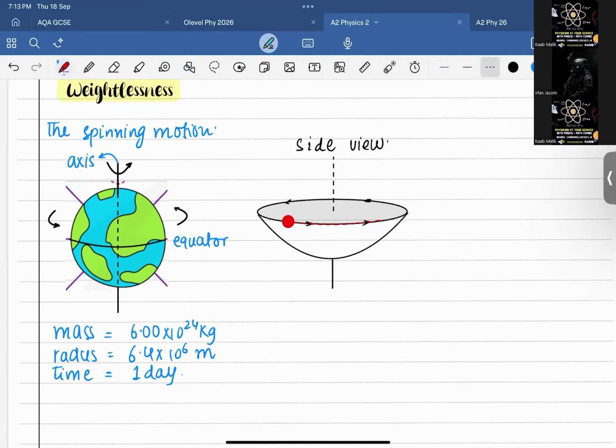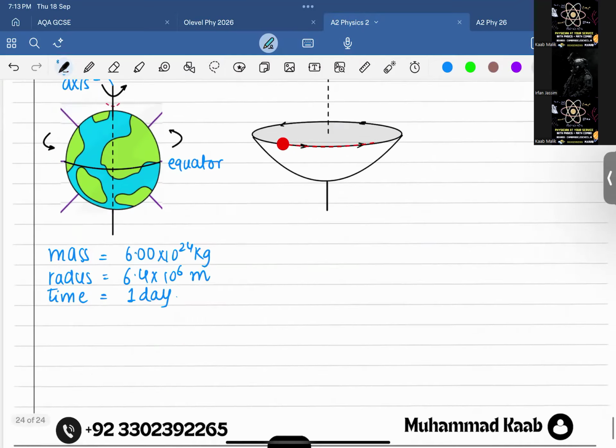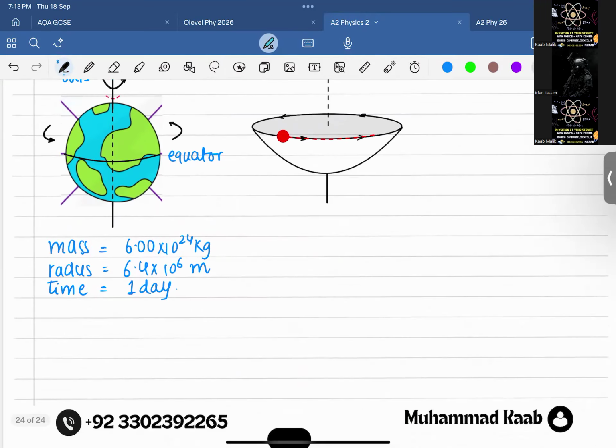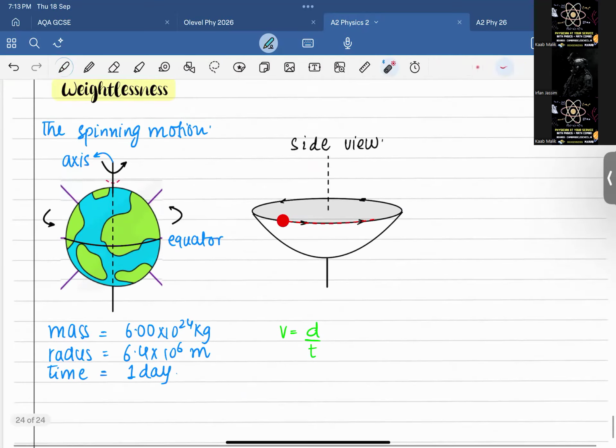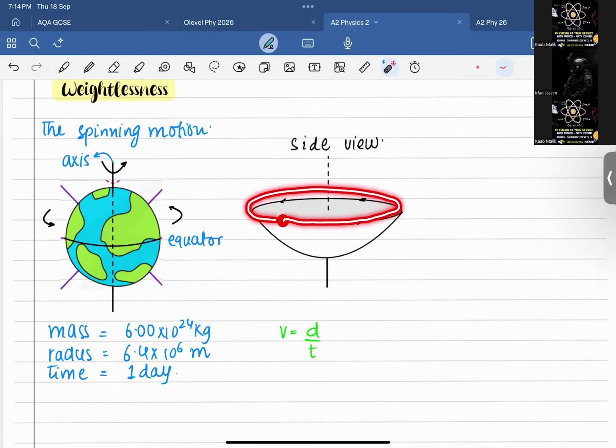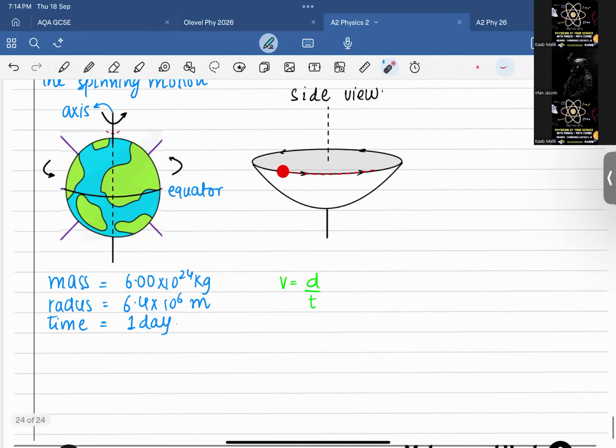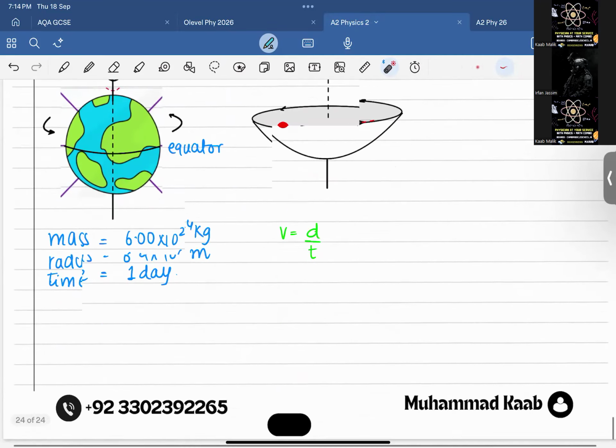So this is the motion. Now if we try to find out how fast the earth is moving, speed is equal to distance over time for this particle. This particle completes the circumference of the circle, which is 2 pi r.